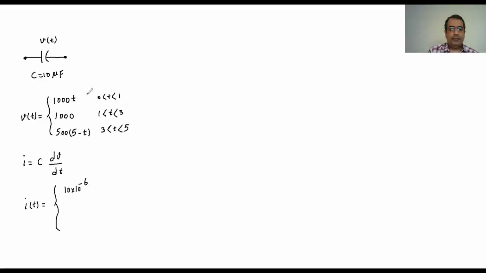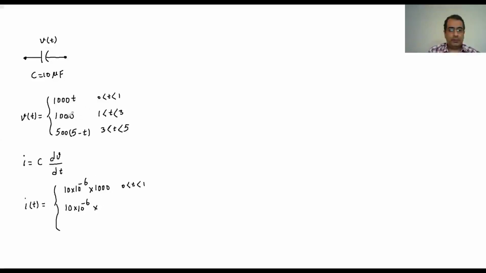And then dV over dt here is going to be 1000, times 1000, for t between 0 and 1. And then for the second one, C is 10 times 10 to the negative 6 times dV over dt.